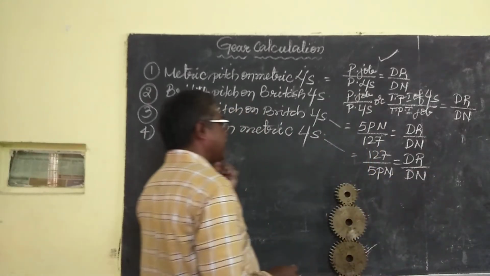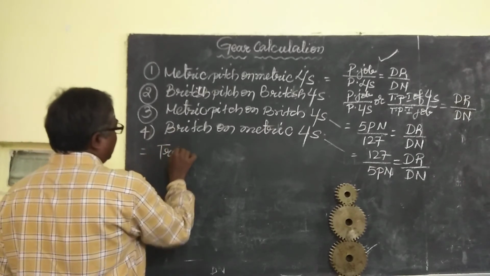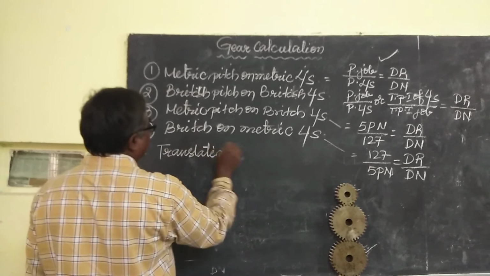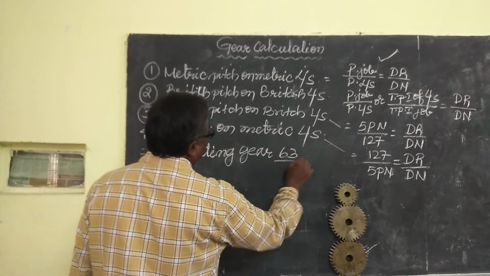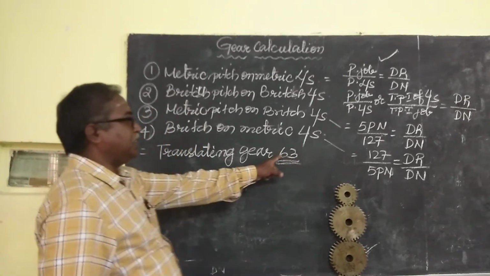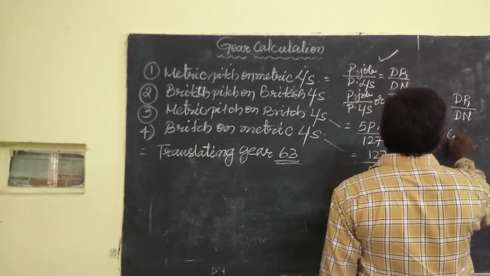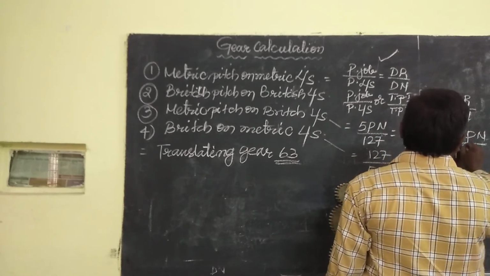There is a special gear, 63, given, the translating gear. When 63 is there, dr by dn is equal to 63 pn by 1600.